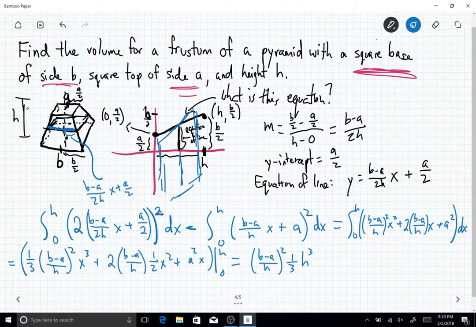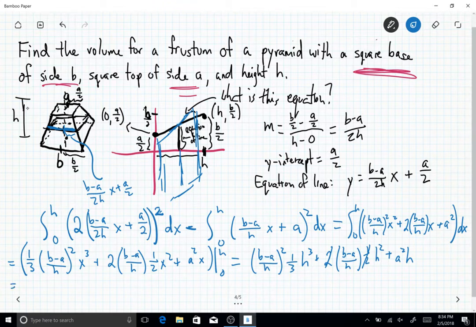Okay, plus 2 times b minus a over h times 1/2 x squared. Well, we'll plug in an h for that, so we get h squared. Oh, by the way, the 2 and the 1/2 cancel. And then we have plus a squared h. A lot of work, right?